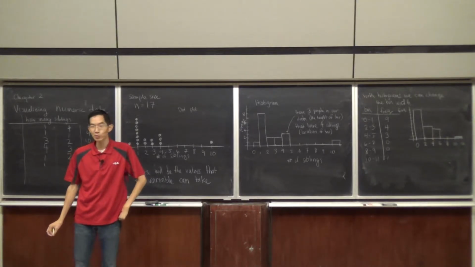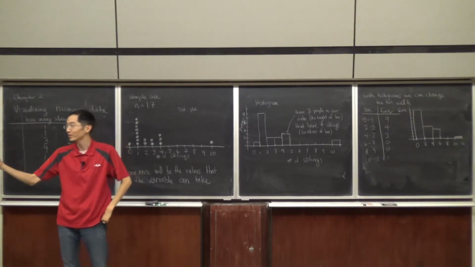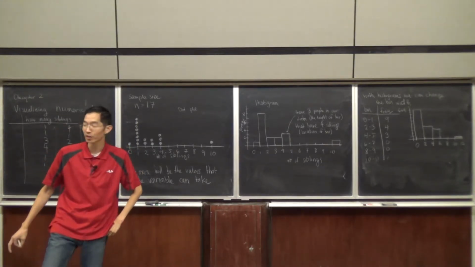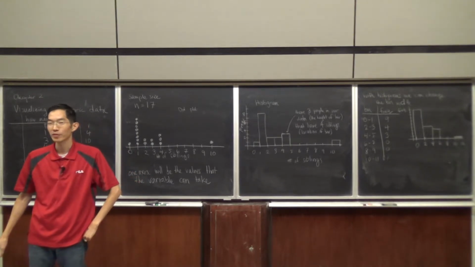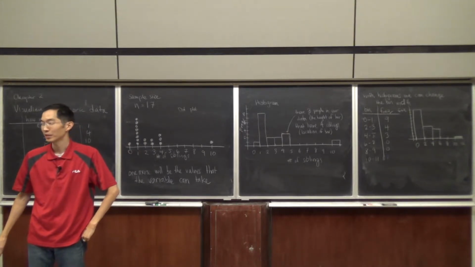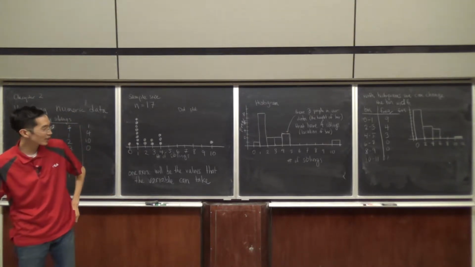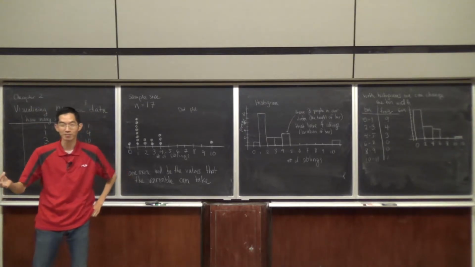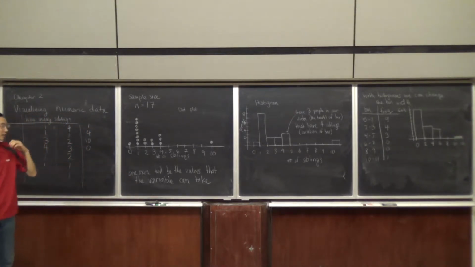We use histograms for what kind of data? Numeric data. Okay, what are the types of data that are available? What are the two types of data? Okay, categorical data, numeric data. All right.